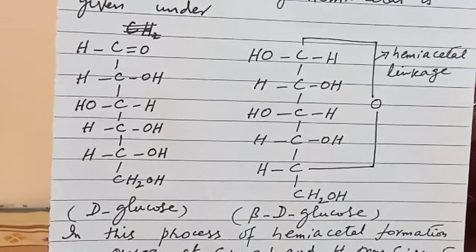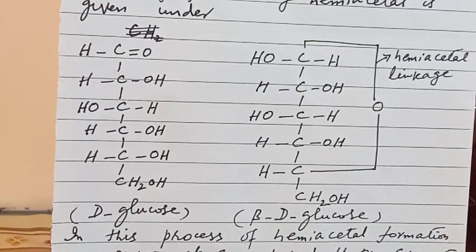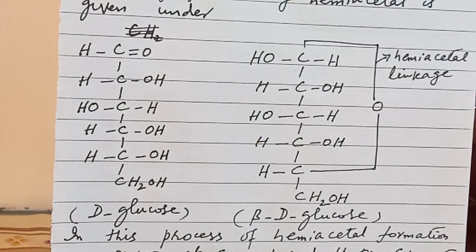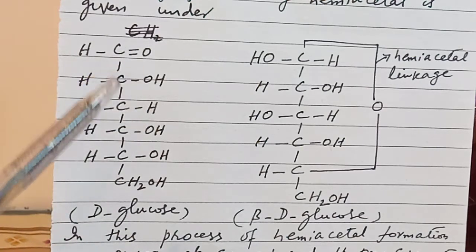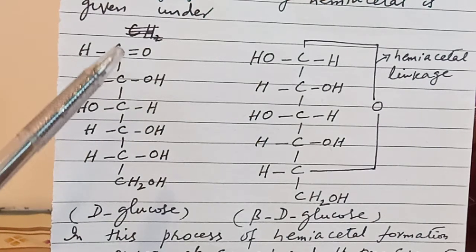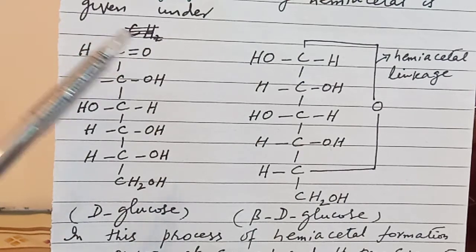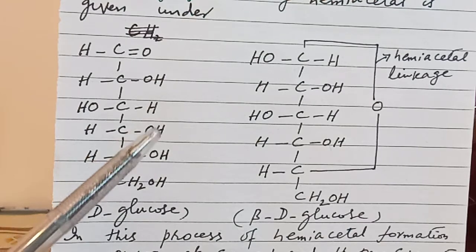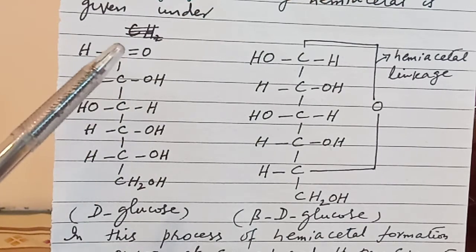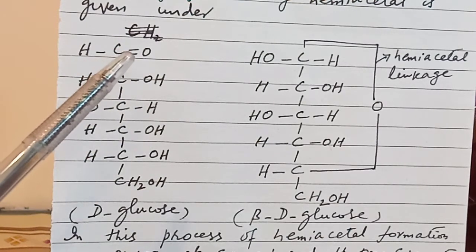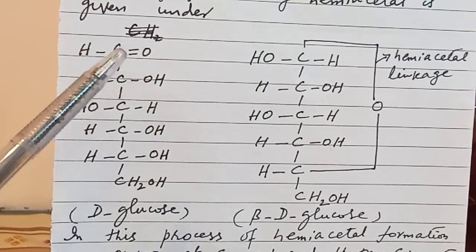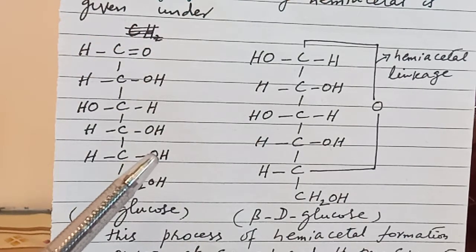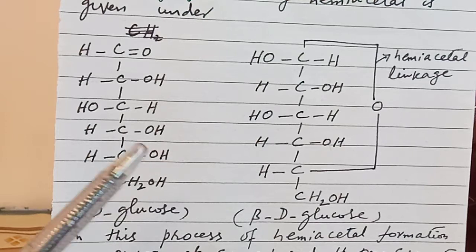So here is the structure of D-glucose, the linear chain representation, and the first carbon atom of the aldehyde carbonyl group will react with the alcoholic group on carbon 5. So a covalent bond is formed between the carbonyl carbon and the oxygen of this alcoholic group.